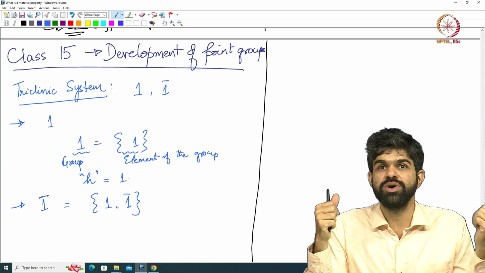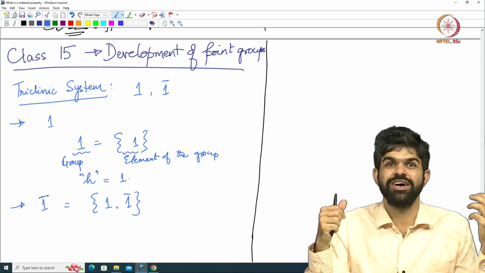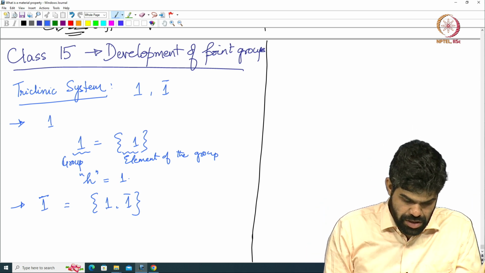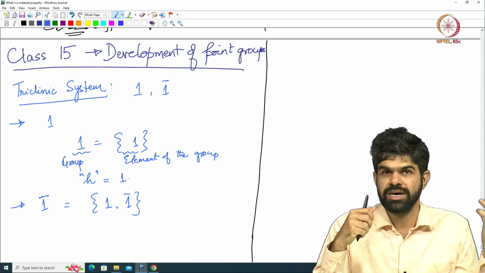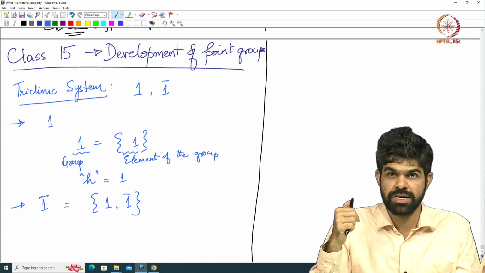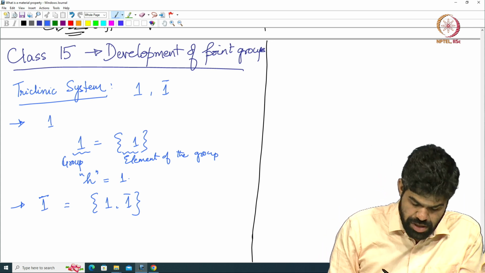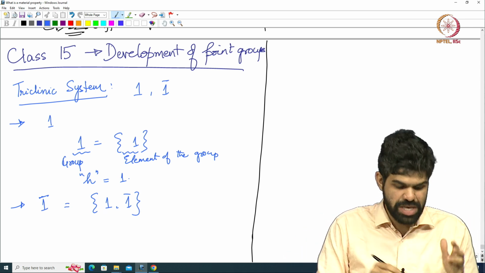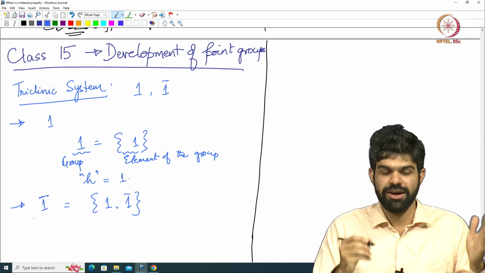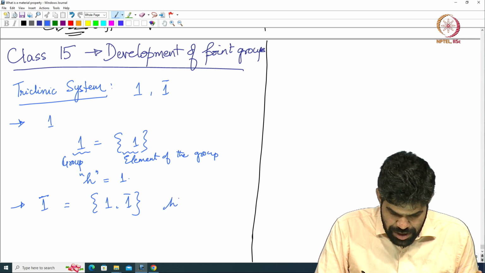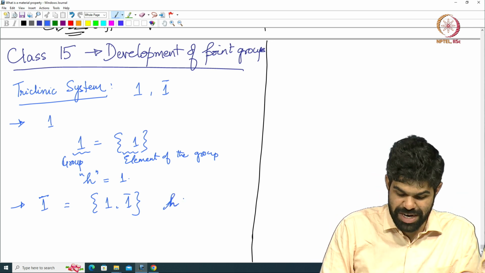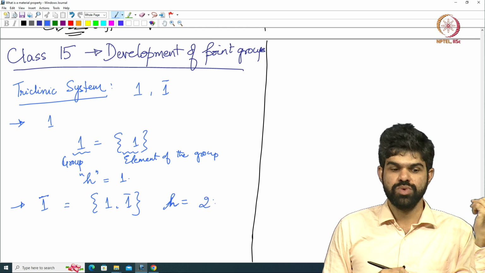We said every group should have an identity operation. So in this point group I have 1 and 1 bar, and H, the number of elements in this point group, is 2.